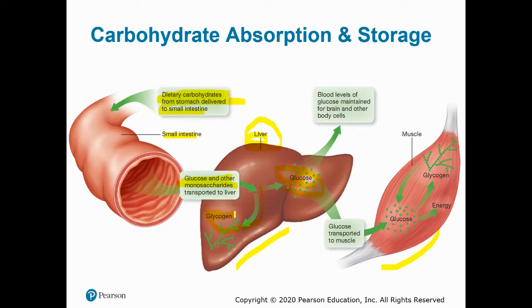Glucose can then be stored as glycogen, and that glycogen can be used to maintain the brain and the blood. But then the glucose can go out again for any body cell. And in particular, glucose will go to muscles. And the muscles can use that immediately if they need it. Or if they don't need it immediately, they can restock their closets, they can restock their glycogen supply.